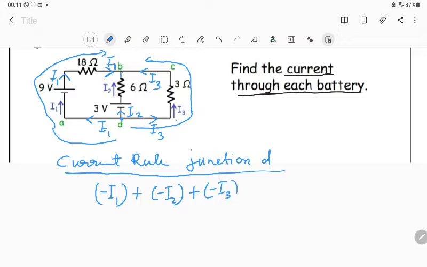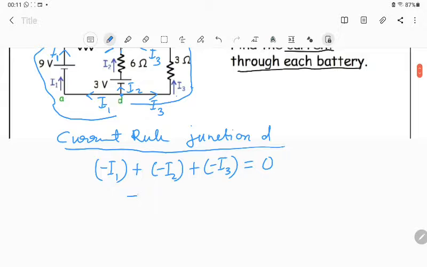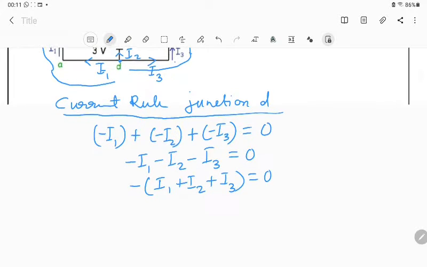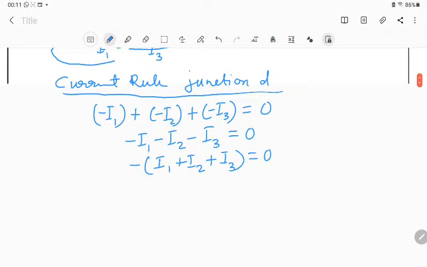So this sum of the currents is equal to 0. So minus I1 minus I2 minus I3 equal to 0. I can take minus common in all the terms. So I1 plus I2 plus I3 equal to 0. If you take minus on the other side, we will get the same: I1 plus I2 plus I3 equal to 0.